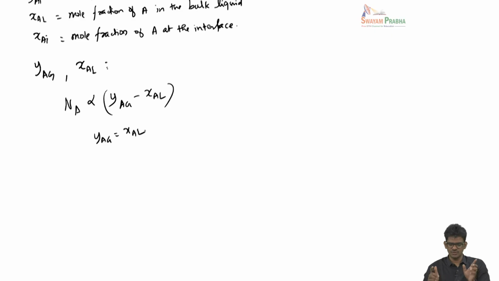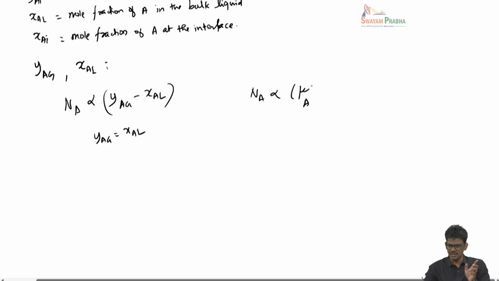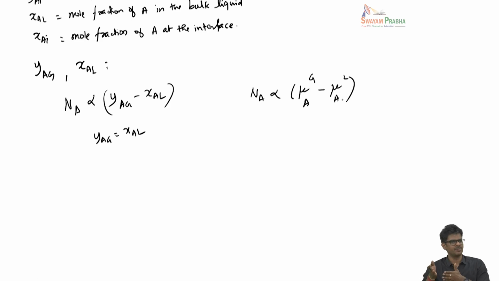So what we would like to write is actually NA proportional to mu A in the gas phase minus mu A in the liquid phase. This is how we should be writing, because by this law we can show that the mass transfer flux will become 0 the moment mu AG and mu AL are equal. Okay, so that's consistent with thermodynamics.